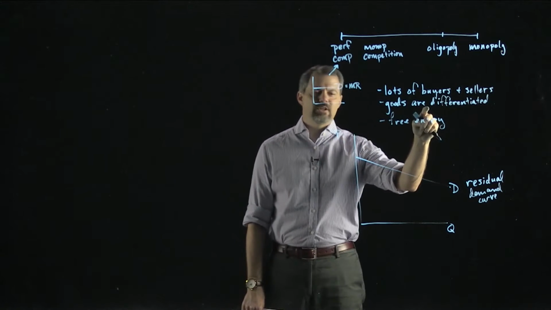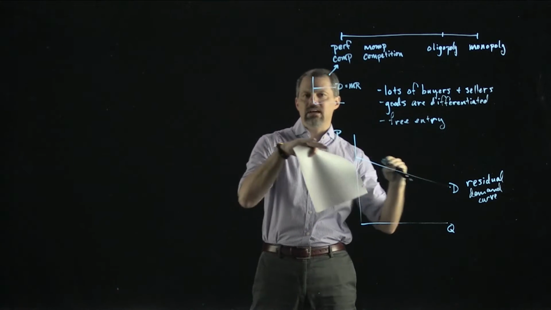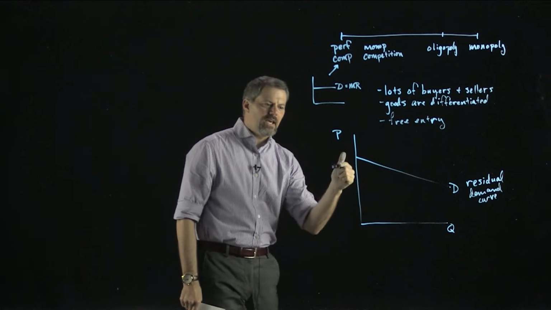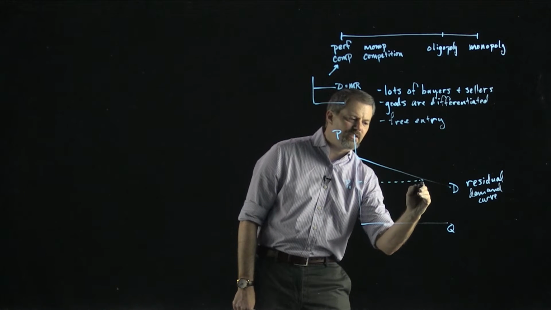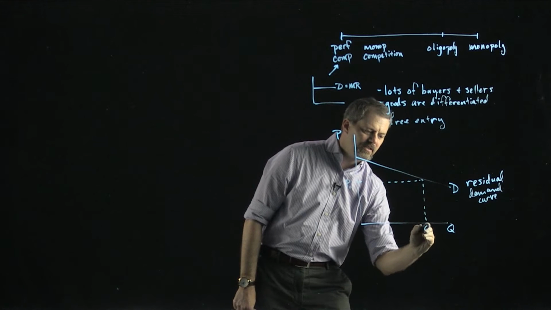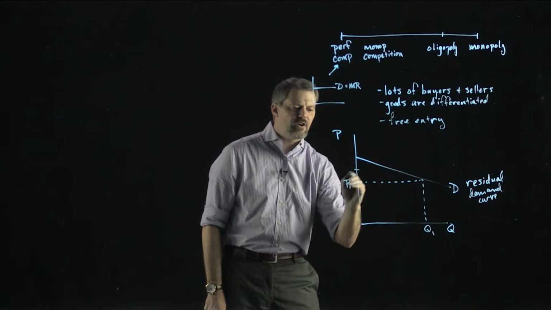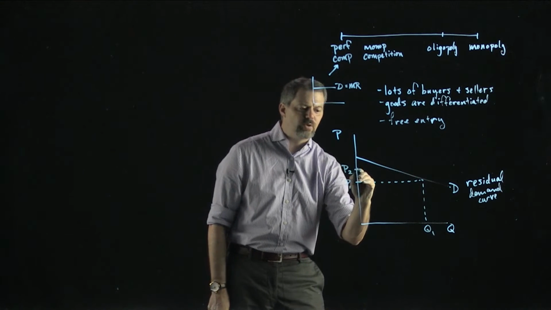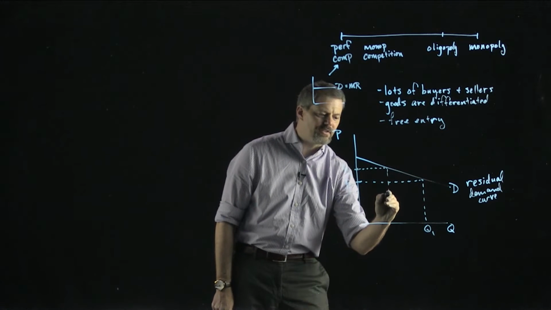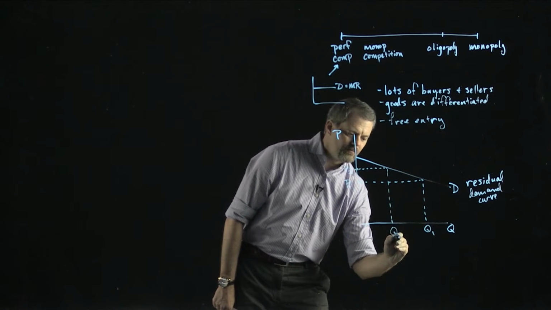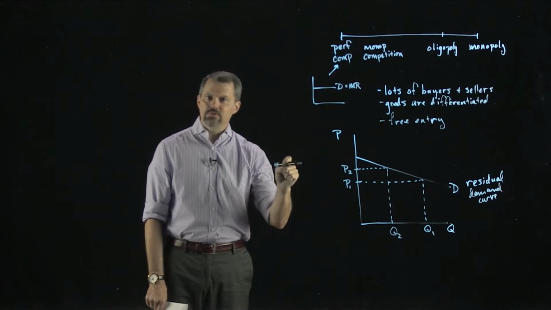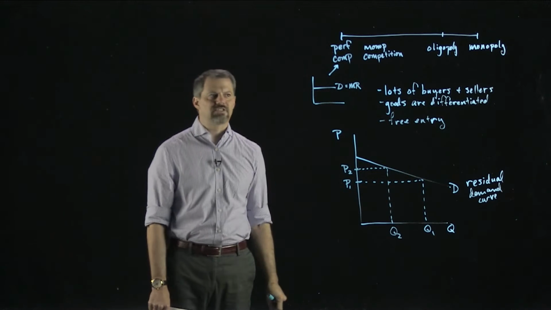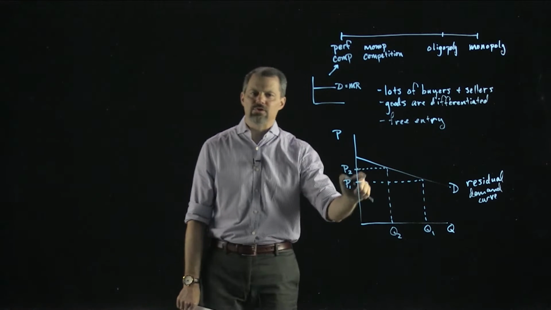Now the goods are differentiated, so the demand curve is going to have a little downward slope to it. And what that means is, if we think about a particular price like P1, we can look at the quantity that this firm would sell at that price. There's Q1. If the firm raised its price to P2, they will lose some customers, but not all of their customers. So there are substitutes for the good, so they will lose some customers to the other firms that are selling a similar good, but they won't lose all of them.